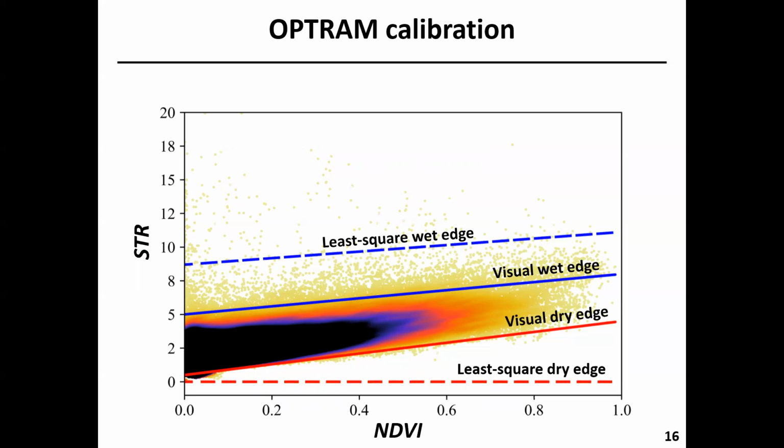So the first approach is just a simple approach, visually fitting lines to the densest part of the data cloud, as you see here. And also we always have the option to use actual soil moisture data if available for least square calibration of the OPTRAM parameters.